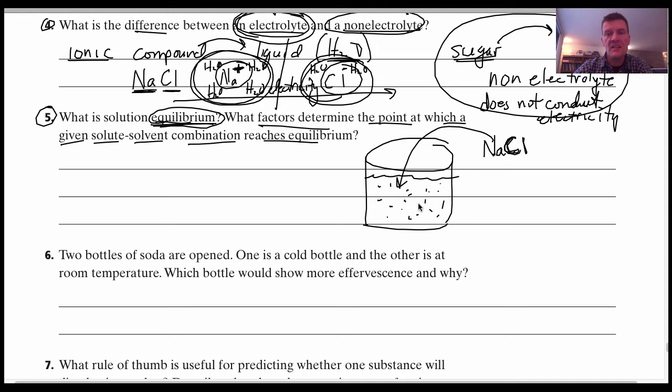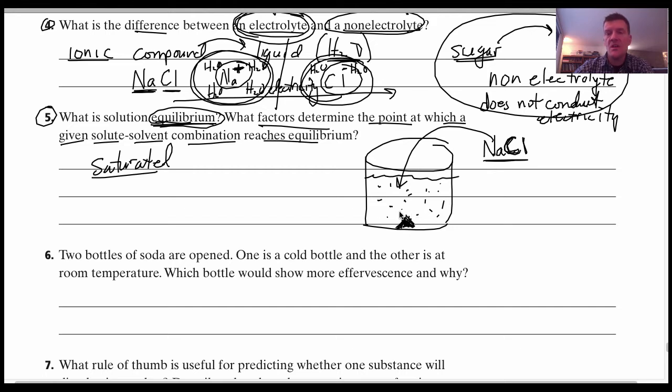But if you put a lot of sodium chloride in here, you're going to start to see sodium chloride crystals down here at the bottom. You'll actually see them because you have reached a saturation point. If it is saturated, what that means is you have reached a maximum amount of sodium chloride that can be dissolved in this quantity of water at this temperature.